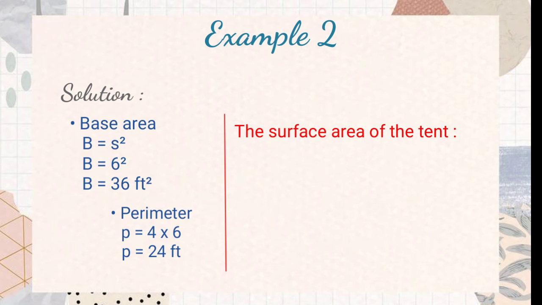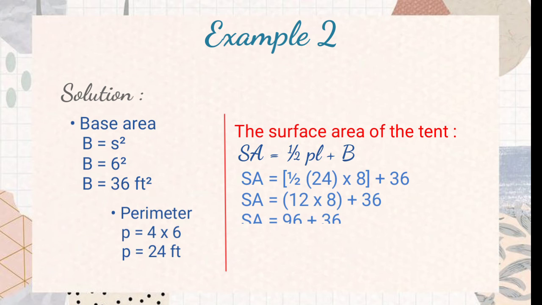Next, plug the values into the formula for the surface area of a pyramid and multiply the values together inside the brackets. SA equals 1/2 times perimeter times slant height plus base area. We get equals [1/2 times 24 times 8] plus 36 equals 12 times 8 in brackets plus 36 equals 96 plus 36.